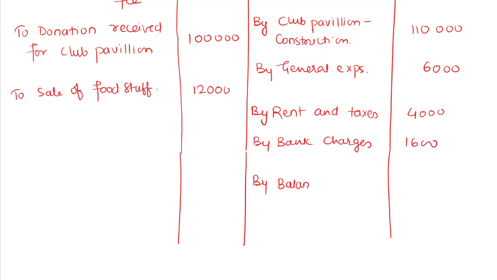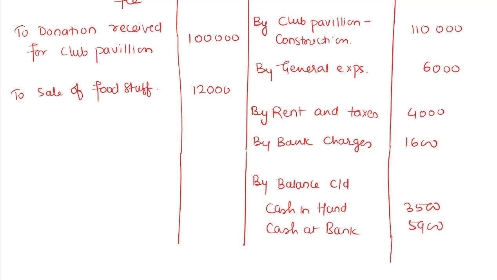By balances carried down, cash in hand and cash at bank, 3,500 and 5,900. Receipts and payment account totals 1,51,000 on both sides.